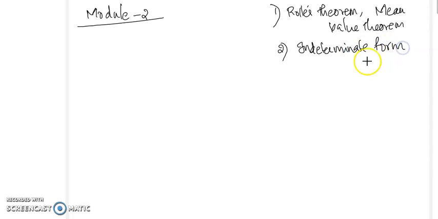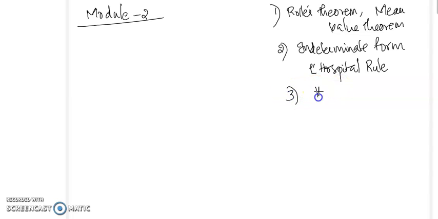So that is finding limits where your function is in the indeterminate form. And we will look at a rule called L'Hospital's rule for finding limits in indeterminate form.